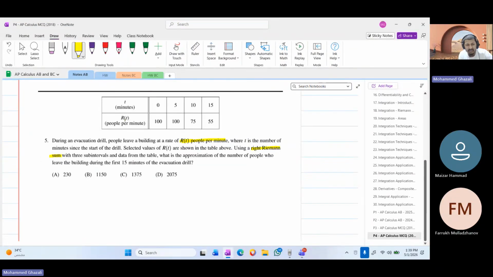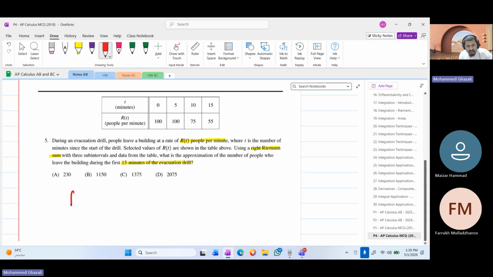Remember, this is already a rate. If you integrate a rate, you get the total amount, like a position. What is the approximation of the number of people who leave the building during the first 15 minutes of the evacuation drill?